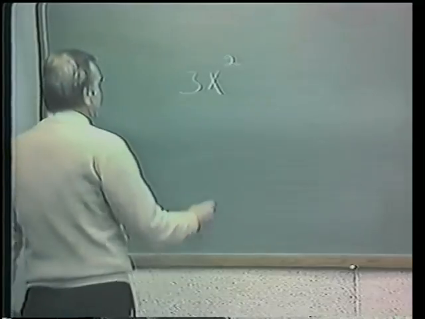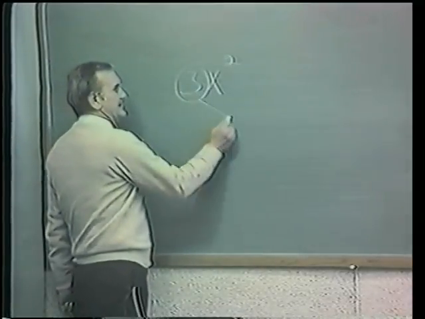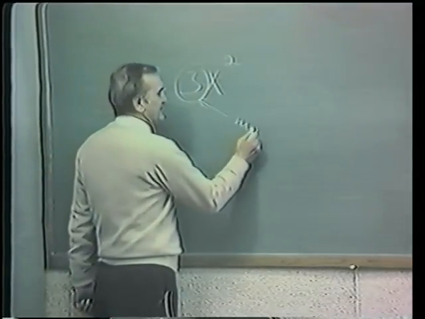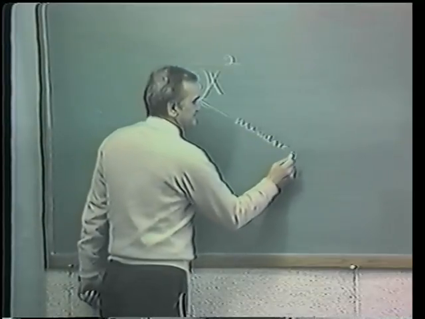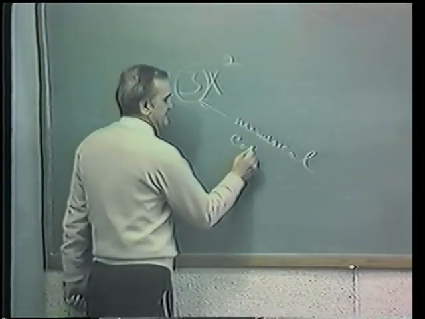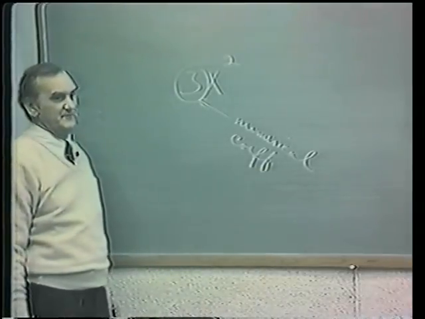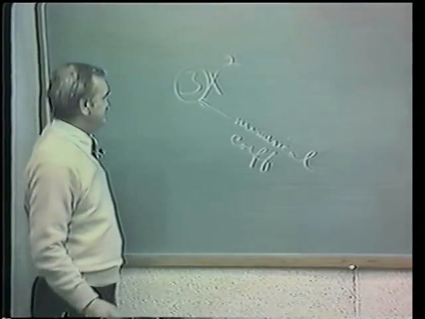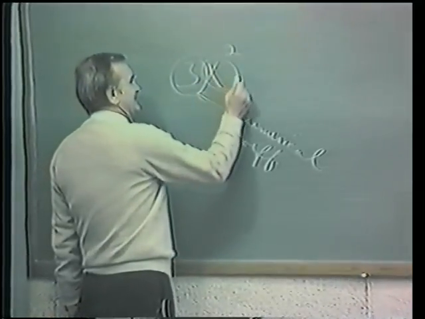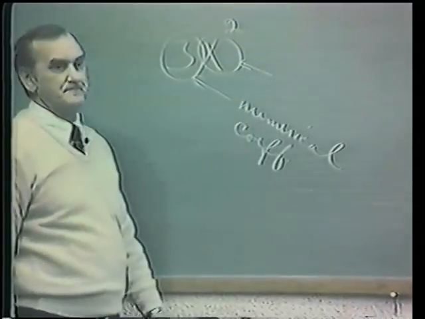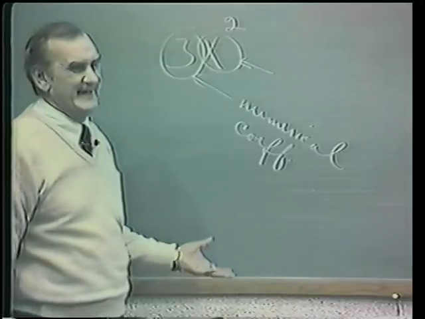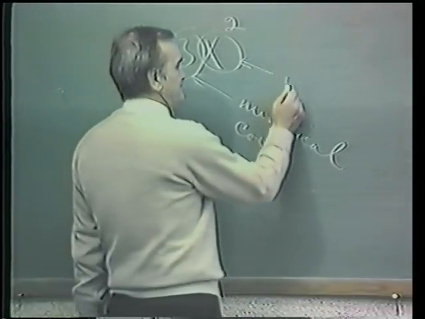Now, the 3, this is called the numerical coefficient. The x is referred to as your base, your variable.